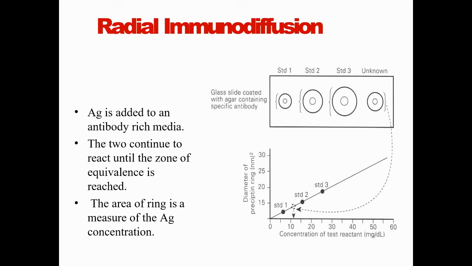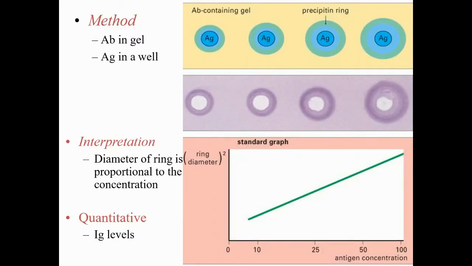It shows the reaction between the antigen and antibody. So just look into it. We can use two methods: antibody in gel or antigen in a well. Here it is an antibody-containing gel.